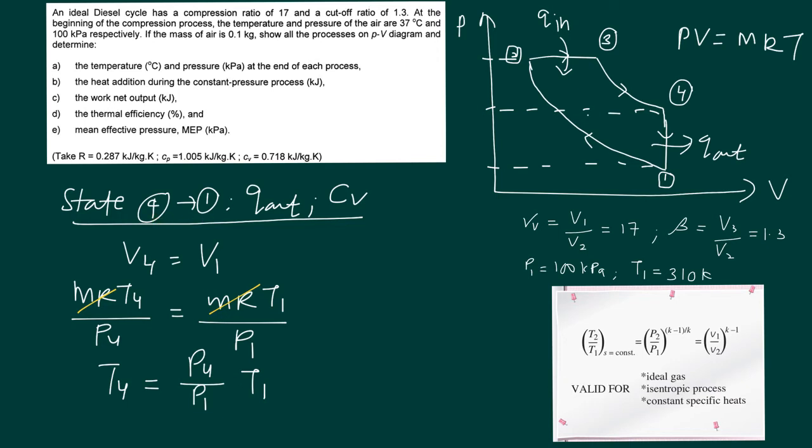You need to change the arrangement a bit over here, because you are trying to look for your P4 now. So you substitute all the values in here, and finally you will get your pressure at 4 to be 144.41 kilopascal.